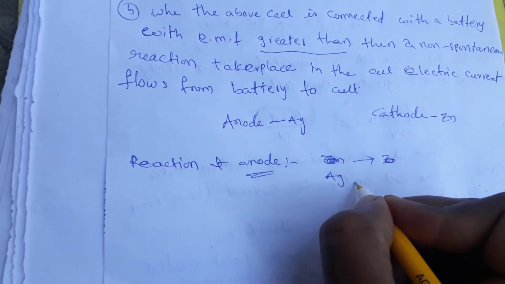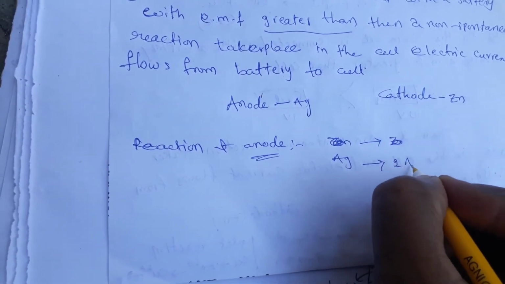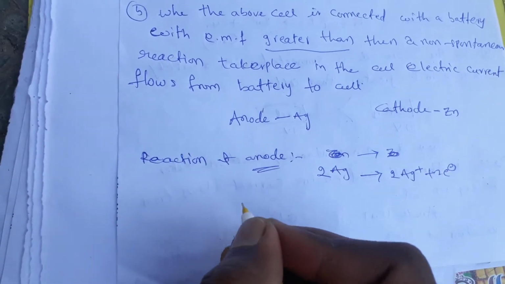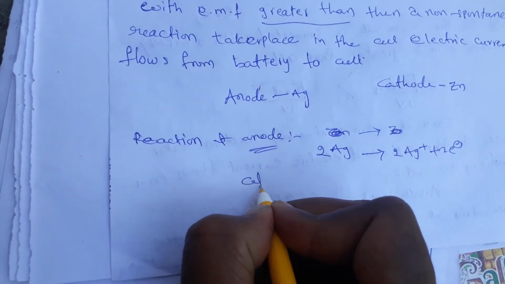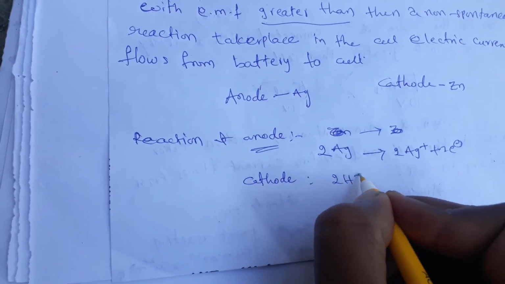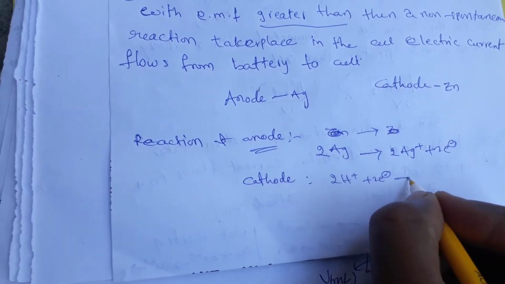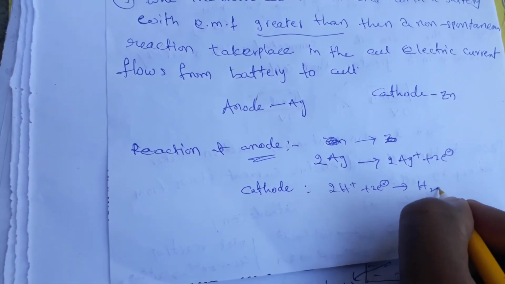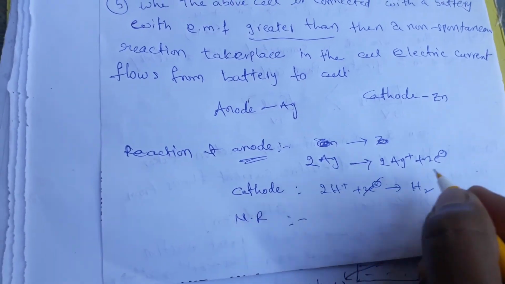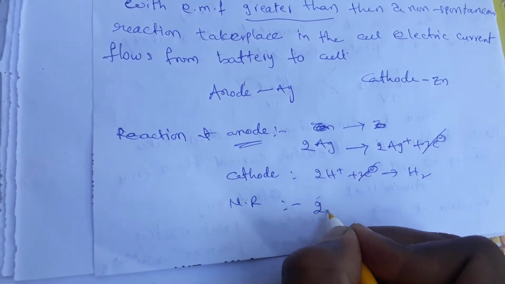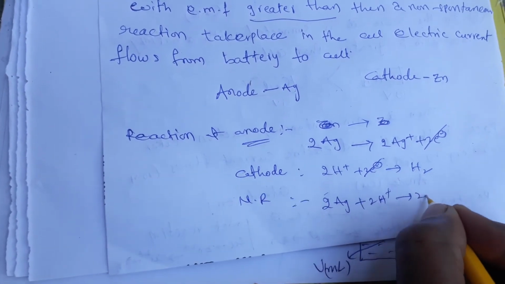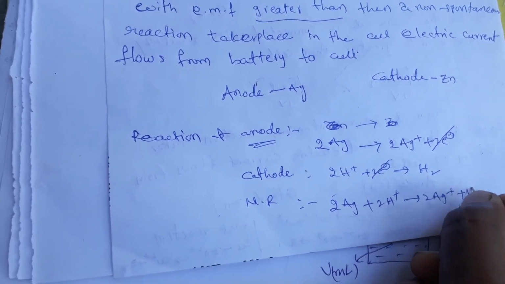So silver is going to be 2Ag+ plus 2 electrons. Next, the reaction at cathode is going to be 2H+ plus 2 electrons gives rise to H2 gas. So in the net reaction the two electrons get cancelled. So 2Ag plus 2H+ gives rise to 2Ag+ plus H2.